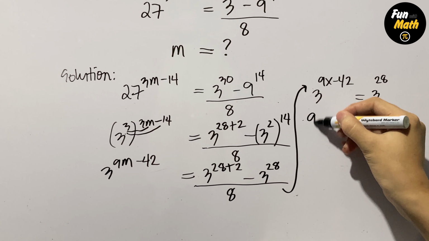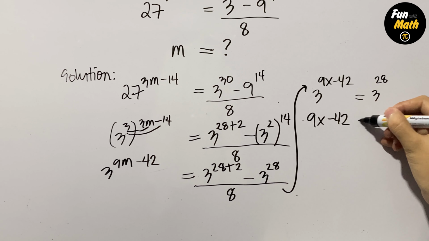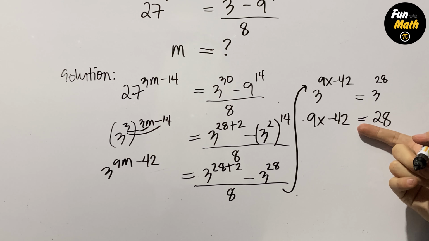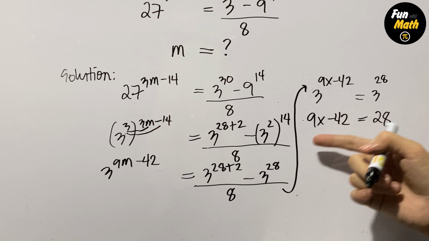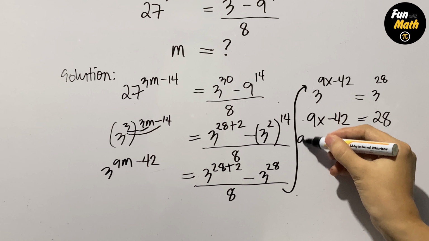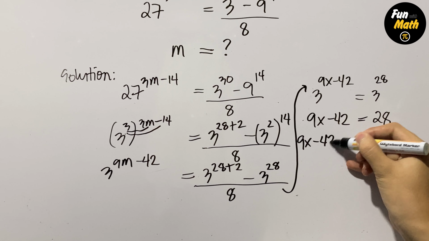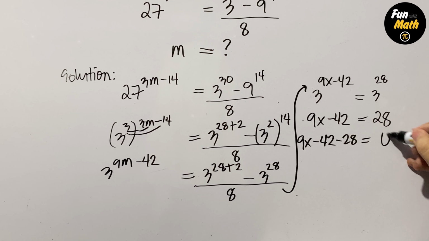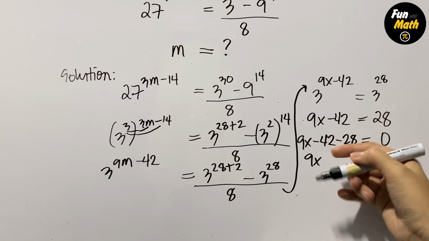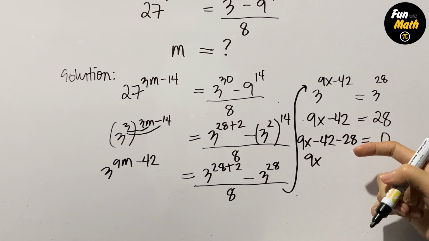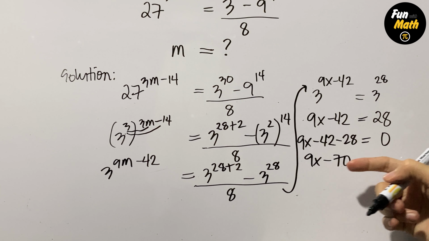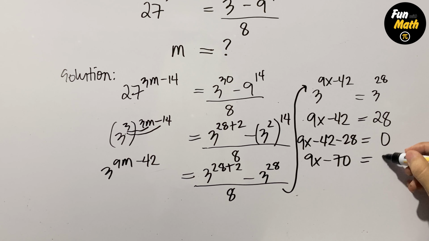So this is 9m minus 42 is equal to 28. Then let's take 28 to the other side, and that is 9m minus 42 minus 28 is equal to 0. And that is 9m, negative 42 minus 28, that is negative 70, equals 0.